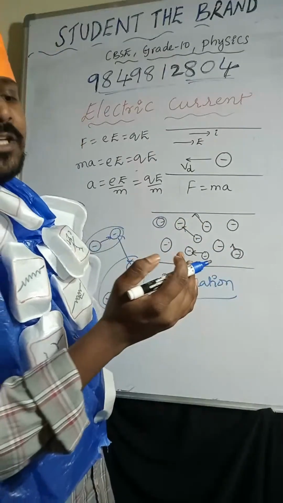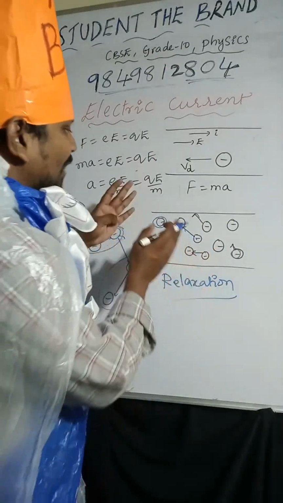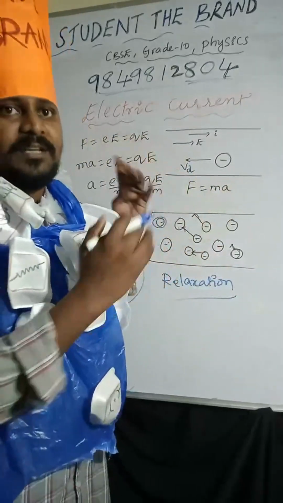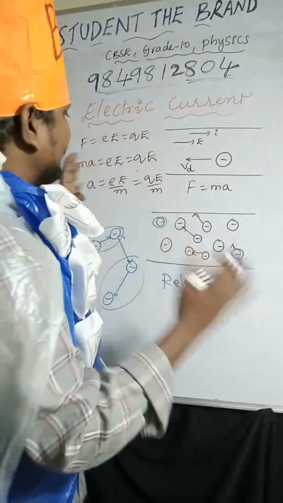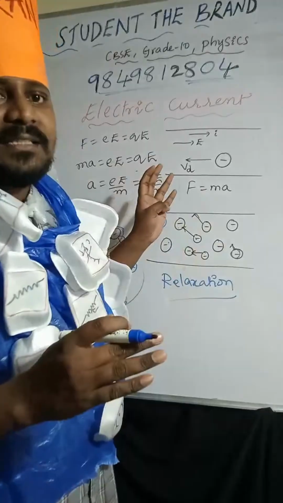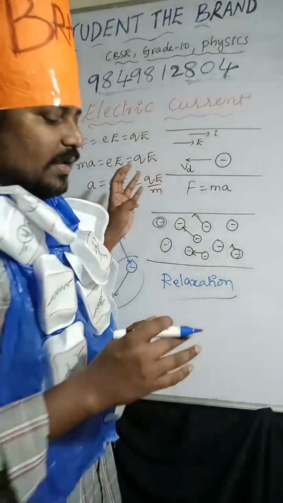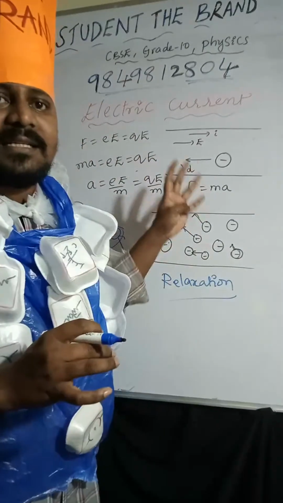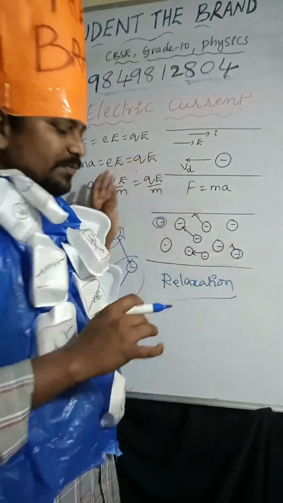So the average time between two successive collisions is known as relaxation time. I hope it is very clear. So that is about drift velocity and relaxation time.